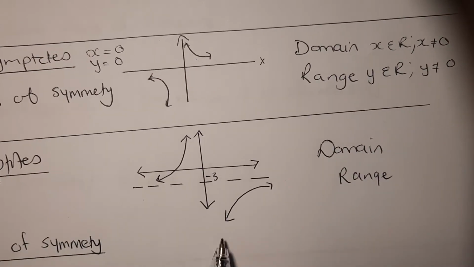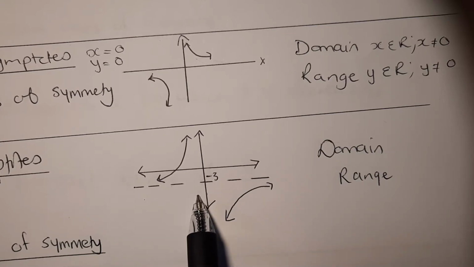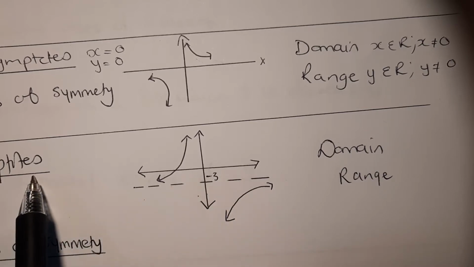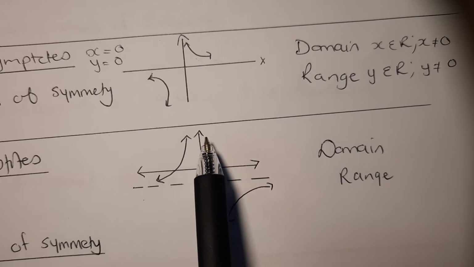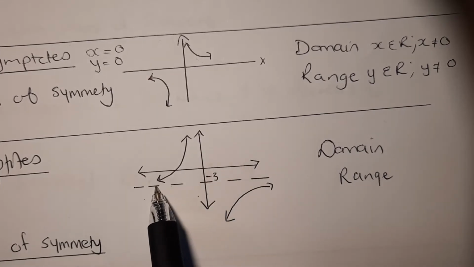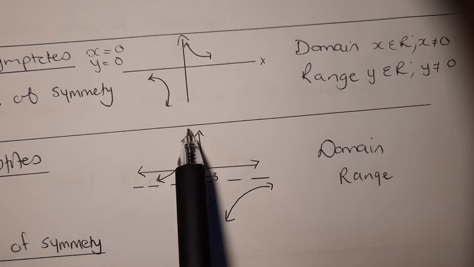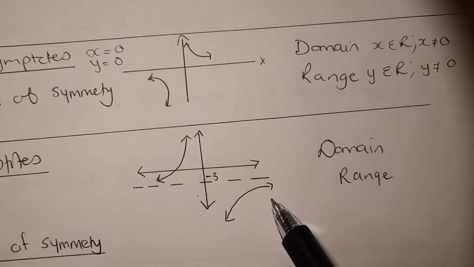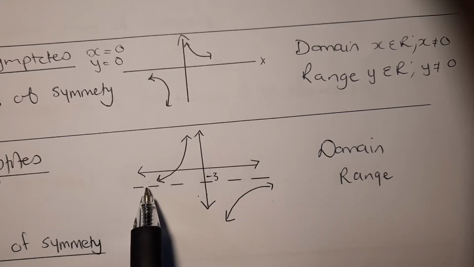Now if I look at the next hyperbola, here we had a vertical translation downwards. So my asymptotes change. It moves towards y is equal to negative 3. So what is my asymptote?